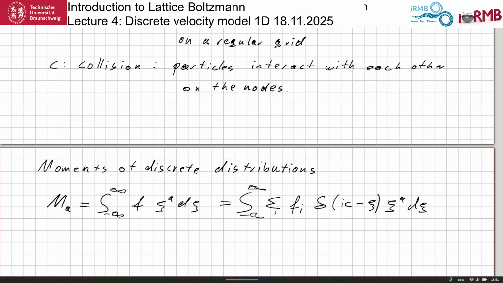Yeah? So this is the definition of the Dirac delta. Now, this makes it obvious that we actually get this here out of it. Yeah. So very simply, the integral becomes a sum.